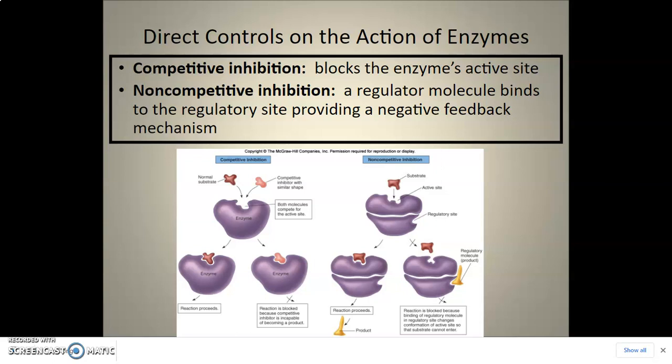So if we talk about this in terms of drugs, right, if I design a drug and I want to block a pathway, I will expose a cell maybe to that drug, and that drug binds somewhere, most likely non-competitively. We don't know exactly what the shape of the active site is, right? We're not specifically designing drugs that are going to look exactly like that substrate and be able to bind in there. We're just throwing chemicals at enzymes, and if they attach to the enzymes, they shut that enzyme down, right?